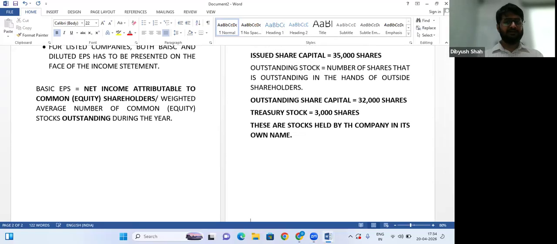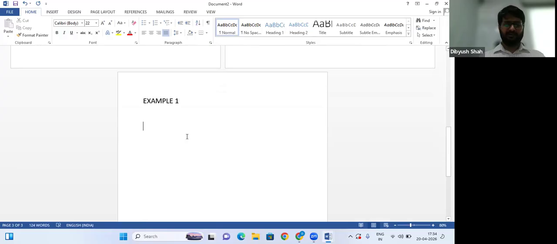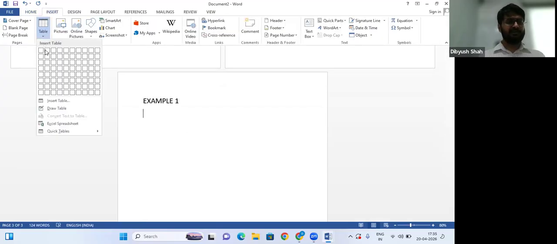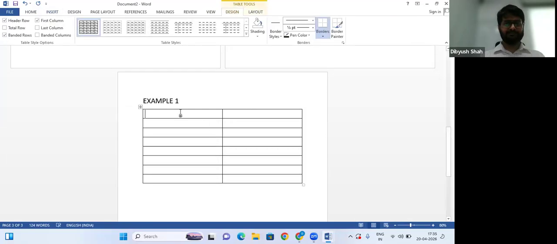To see how this works, two examples, max 3, and everything will be covered. So example 1. Let's say there is a company and they provide us the following details of events that happened throughout the year.